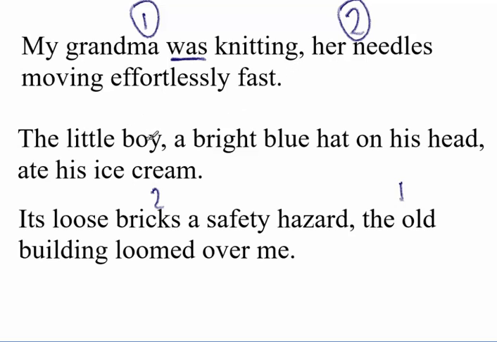We could have: a bright blue hat on his head, comma, the little boy ate his ice cream. Or: the little boy ate his ice cream, comma, a bright blue hat on his head. And again, with the final one, we could have: the old building loomed over me, comma, its loose bricks a safety hazard. Or: the old building, comma, its loose bricks a safety hazard, comma, loomed over me. Okay? So again, any free modifier can go in any of the three slots.